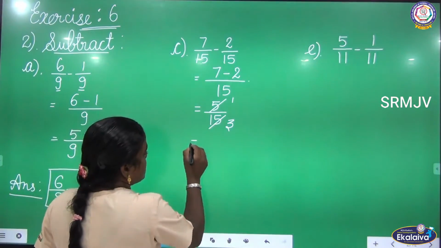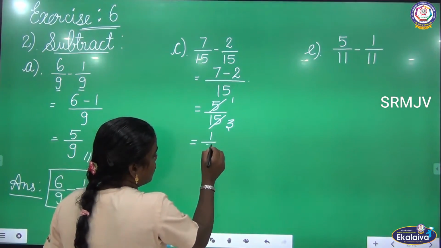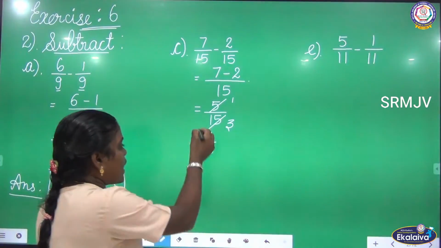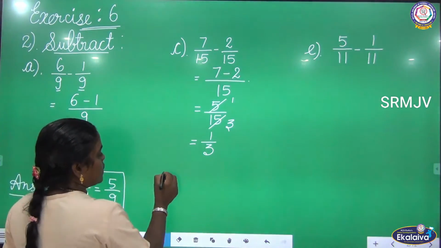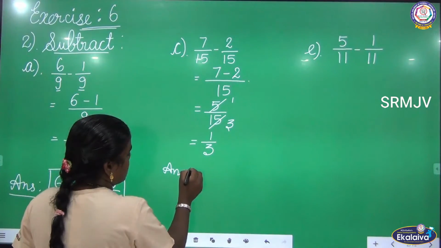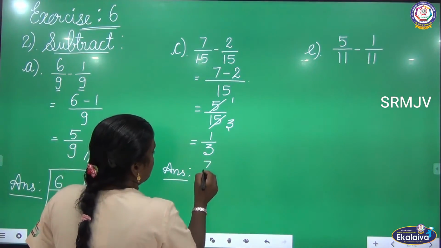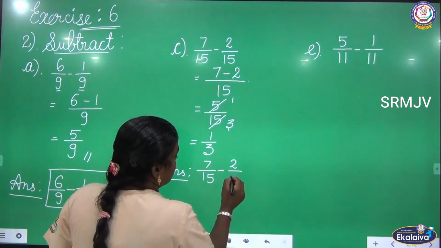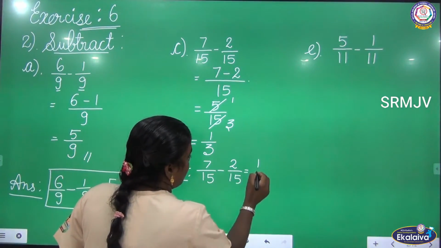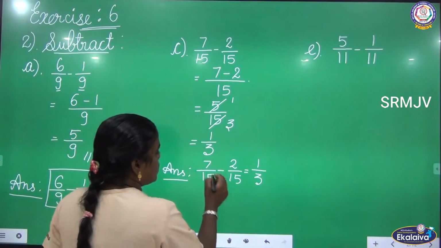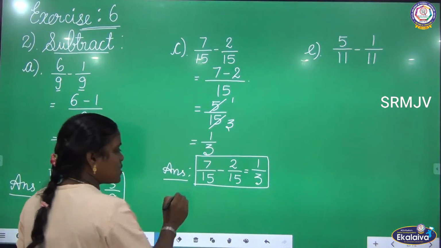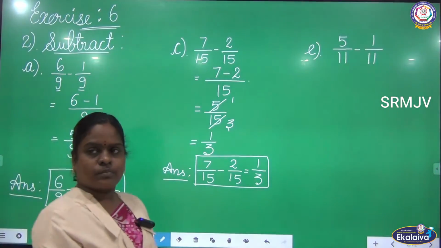So we can find the simplest form of a fraction if we have a common factor. So here the answer is 1 by 3. So let us write the answer. 7 by 15 minus 2 by 15 equals 1 by 3. After finding the simplest term, our answer is 1 by 3.